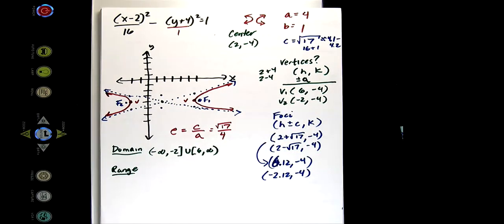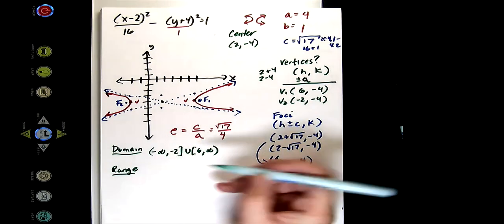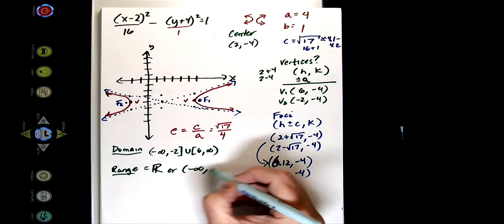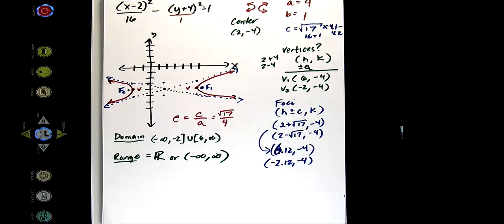Yes. Excellent. And the range? All real numbers, or if you like writing the parentheses, negative infinity to positive infinity. On the exam, should we just write down both? No, you can write down either one.